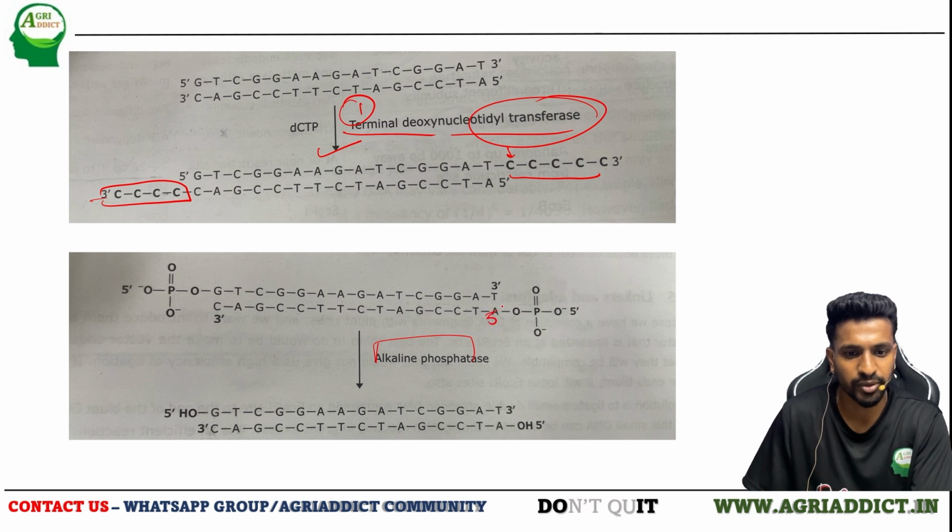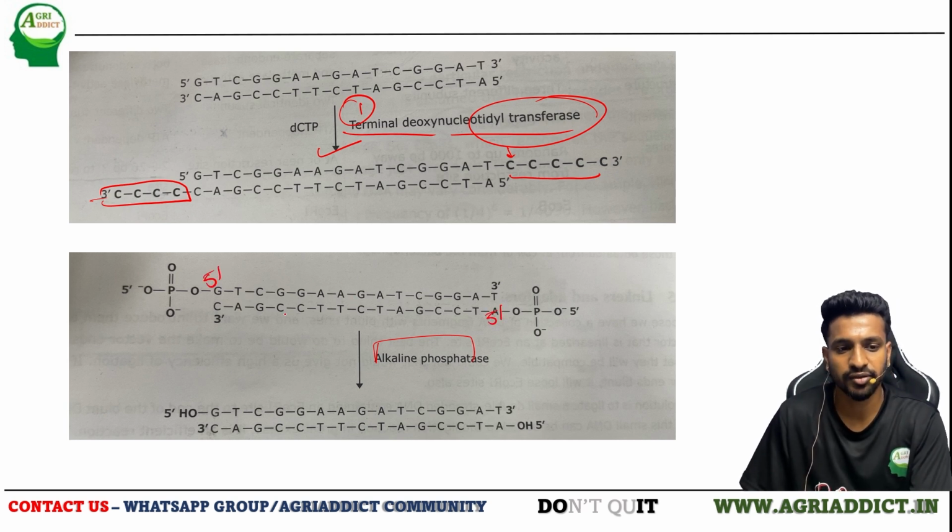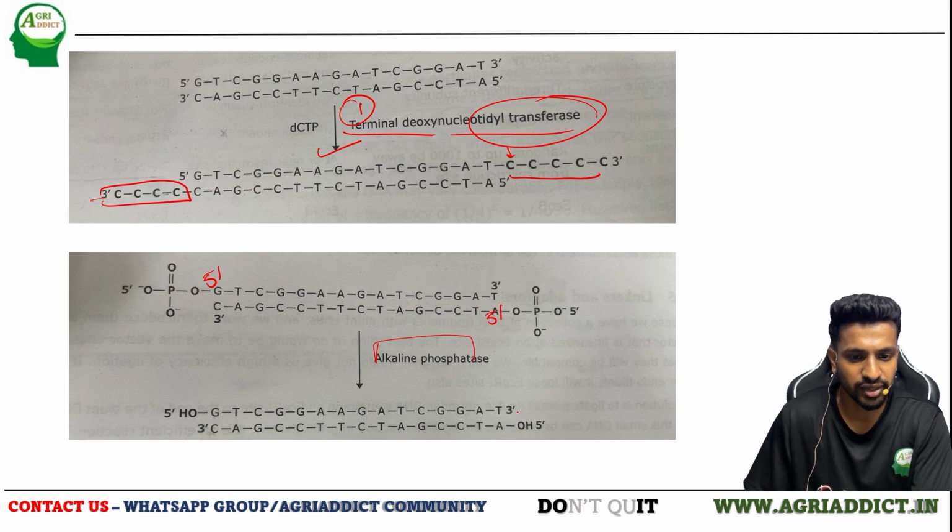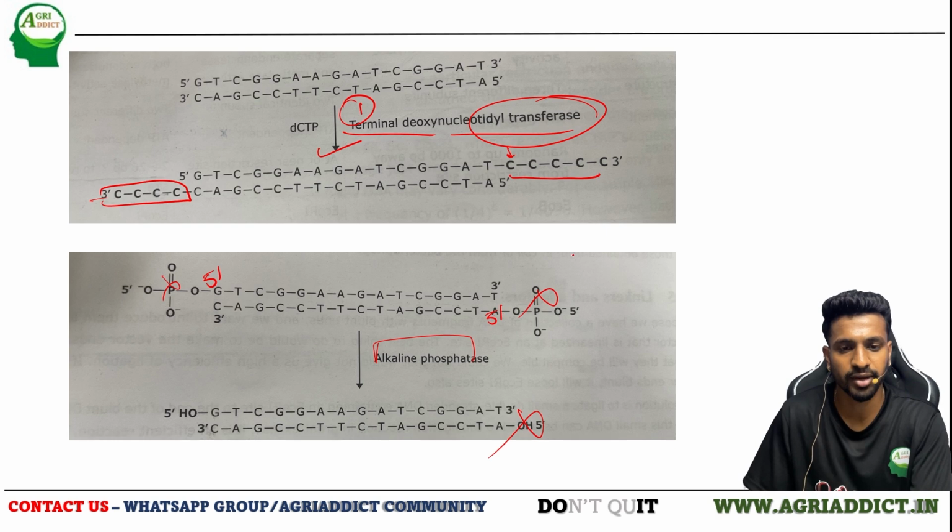I hope you might know that at both the 5' ends, on both the strands, there will be a phosphate group, and this enzyme will remove this phosphate group at both the 5' ends.